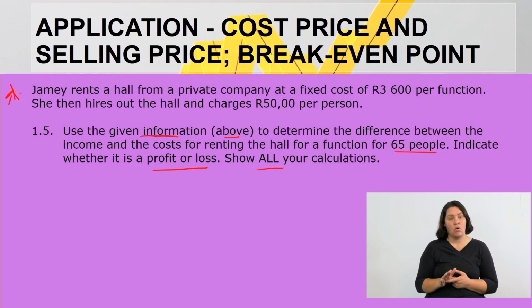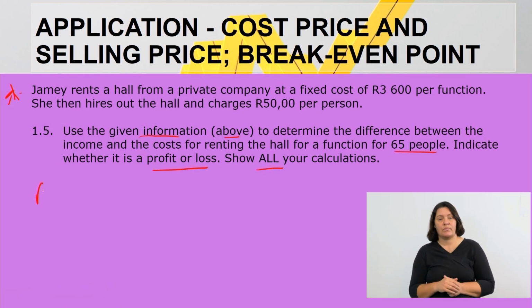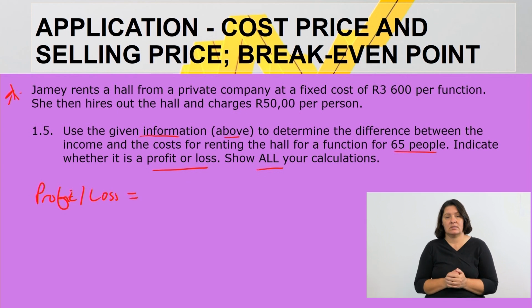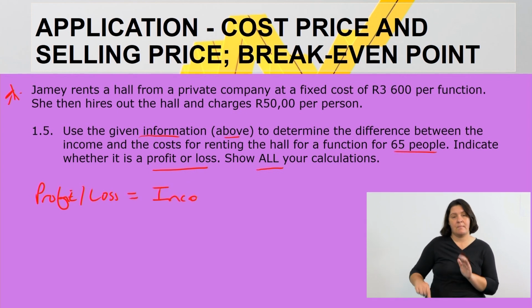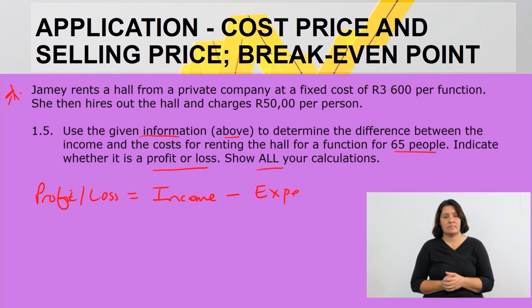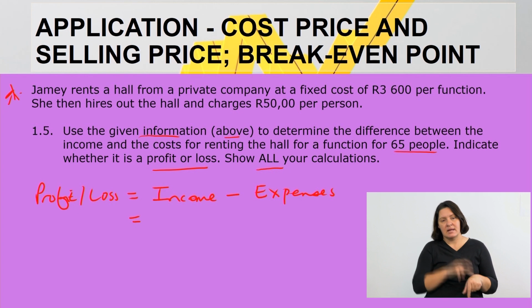So therefore I'll start by indicating, profit or loss equals my income minus my expenses, right? Step 1, formula first. Step 2, I'm going to substitute now. First of all, I need to establish what is my income from the given scenario.